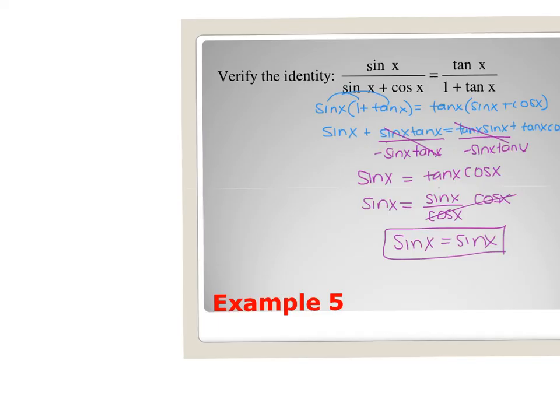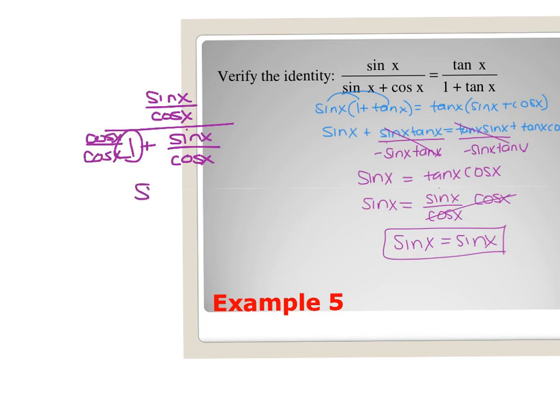I could have said sine over cosine, right? Like sine x over cosine x over 1 plus sine of x over cosine x. And then made this cosine over cosine. So I get sine of x over cosine of x over, no, sorry, cosine x plus sine x over cosine of x.